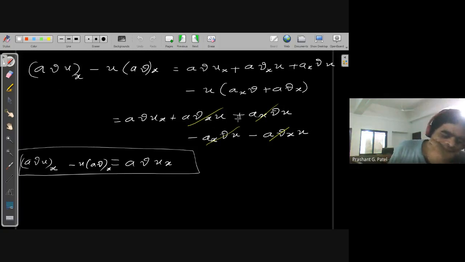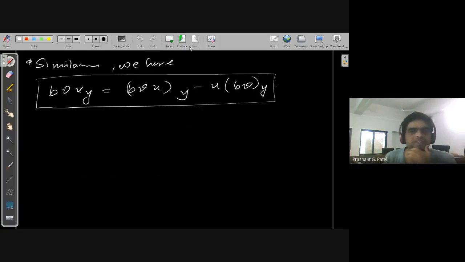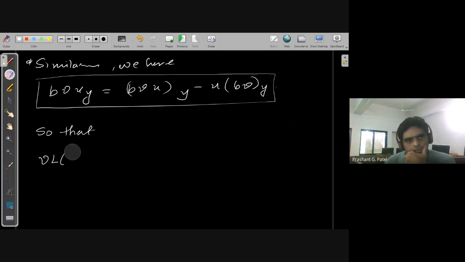Now, to see this one using this concept, what we have is V L of U. The notation for L of U is this.